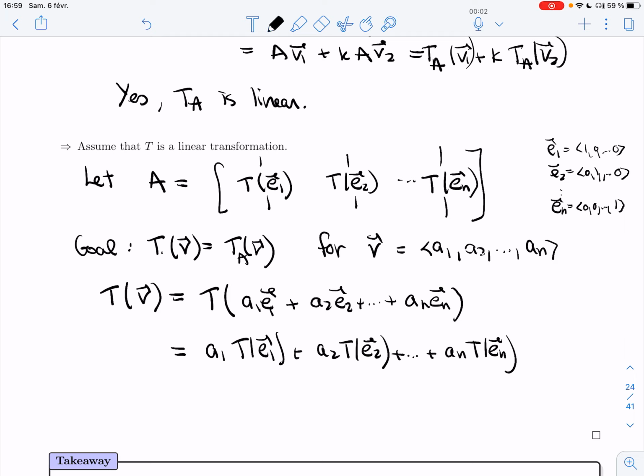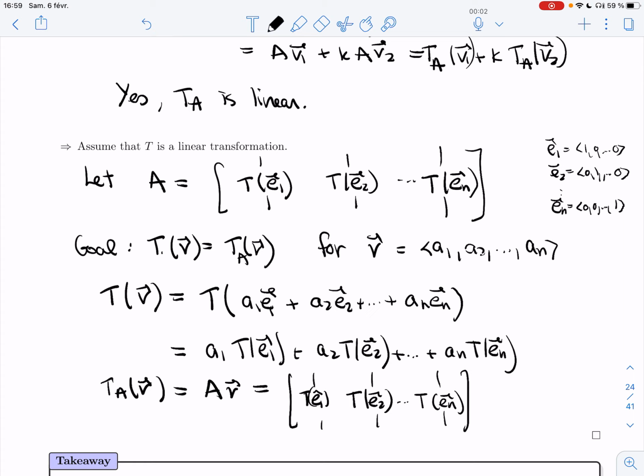Let's check that that corresponds to T_A of v. So I want the matrix with columns T(e1), T(e2), up to T(en), times the vector a1 through an.